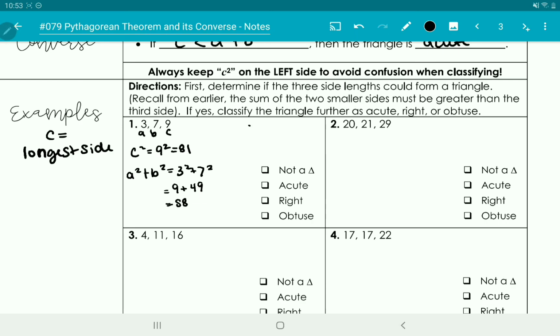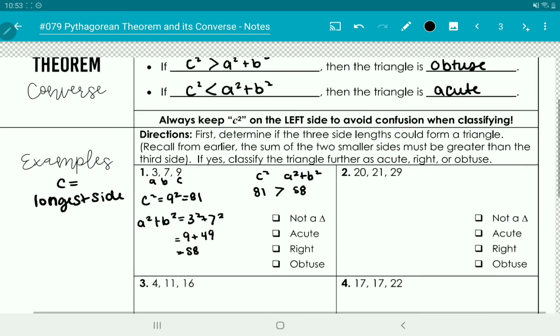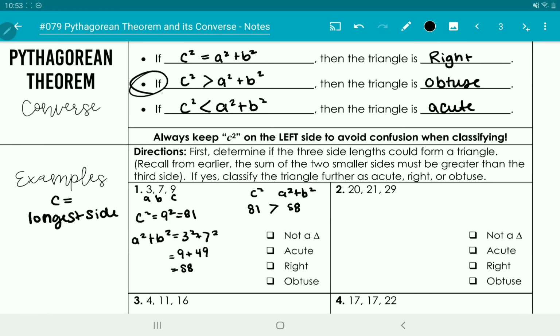Okay, so now we have c squared and a squared plus b squared. C squared is 81. This one's 58. If you look, they're not equal. 81 is greater than 58. So c squared is greater, and so it's an obtuse triangle.